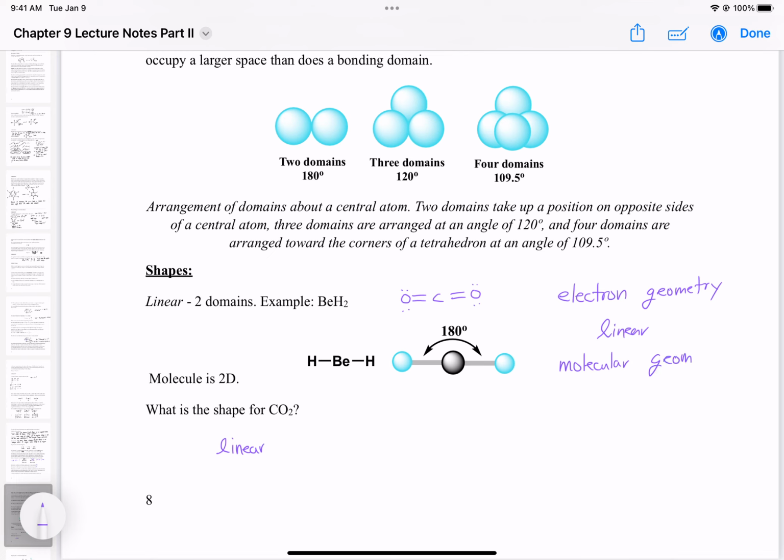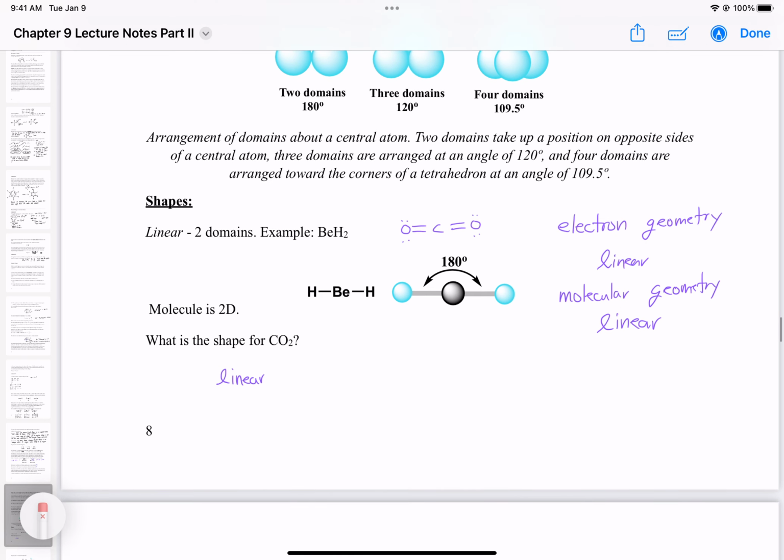And the electron geometry will change depending on if you have a lone pair or bonding electrons. So in this case, since we all have bonding electrons around the carbon atom, this is also going to be linear. And we'll go into the different flavors of this later on in the discussion here. Okay, so that's linear, and that's for beryllium hydride and carbon dioxide.